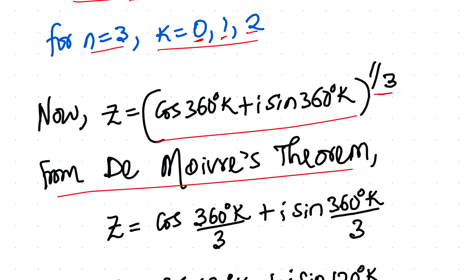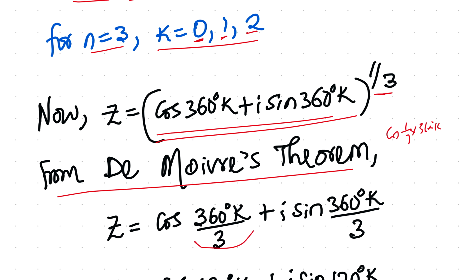What if you had r out here before, it would have been r raised by 1 over 3, but there's nothing like r. So you go inside. For you to go inside, you multiply the angles by the power. So normally you should have cos 1 over 3 times 360 degrees k, and the same for sine. That's why you have this 360 degrees k over 3 plus I sine 360 degrees k over 3.